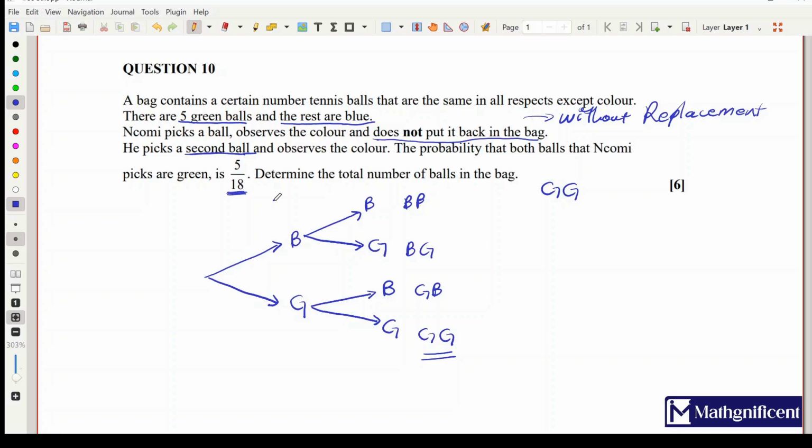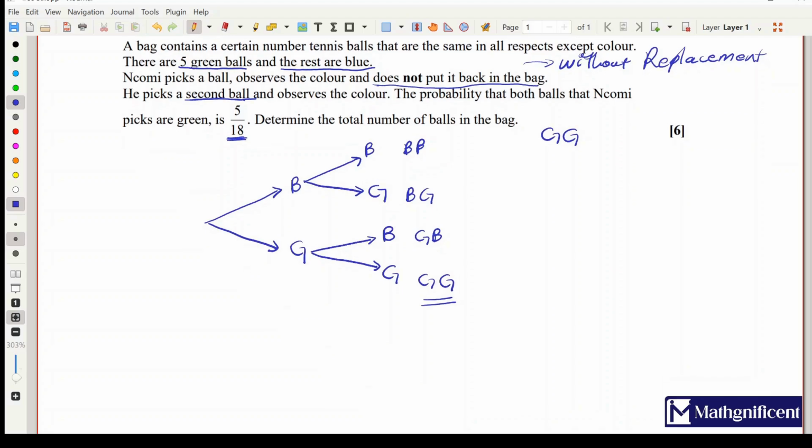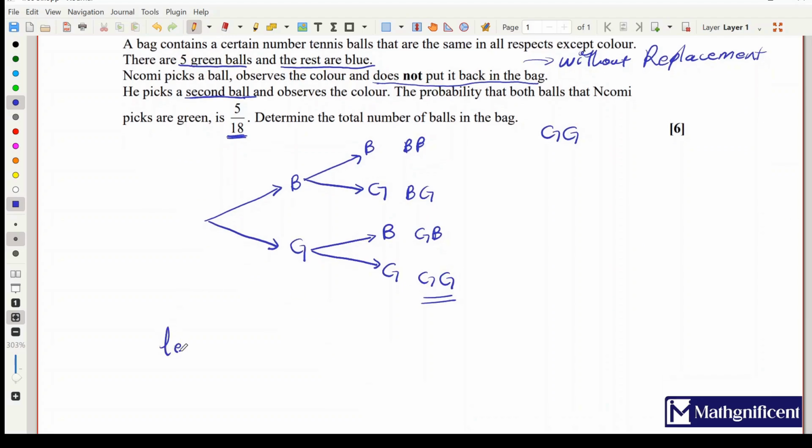So remember what is needed of us here: to determine the total number of balls. So what we can do with this particular question, we are going to let x equal the total number of balls.